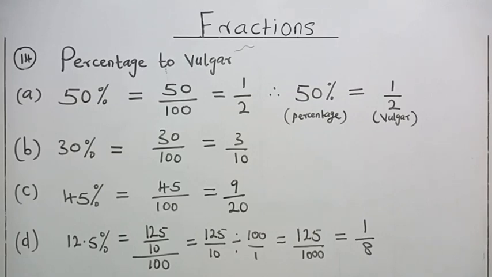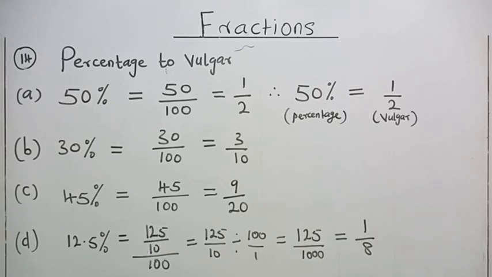The same thing that was done before will be done again. That is, it is 12.5 over 100. But first, we convert this 12.5 to 125 over 10. I hope you know that 12.5 is the same as 125 over 10.